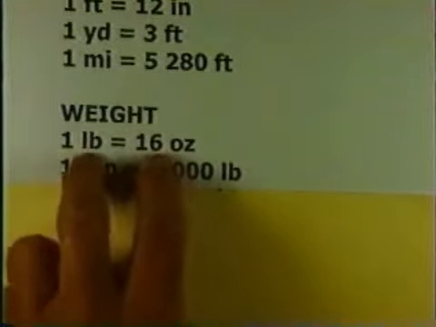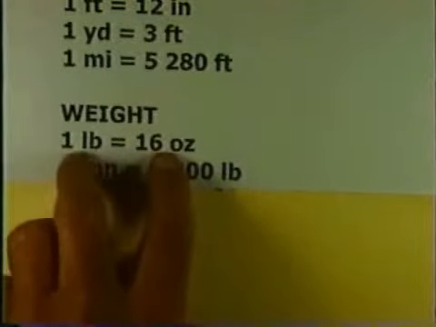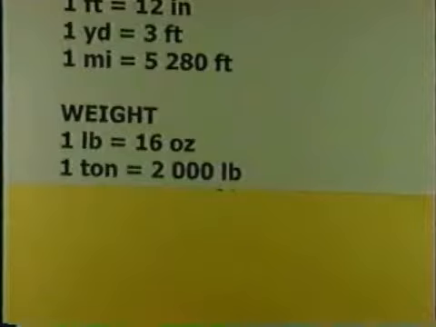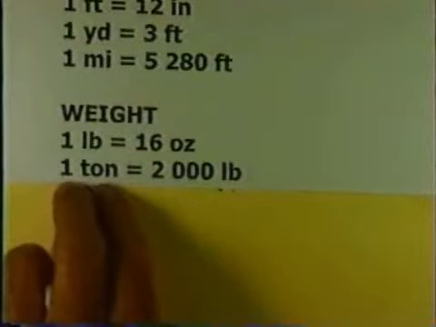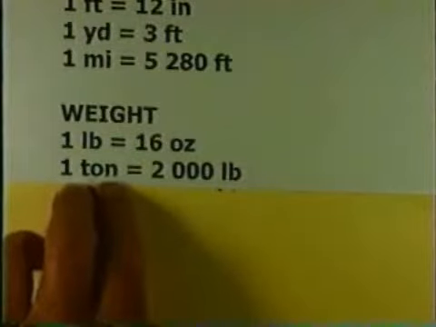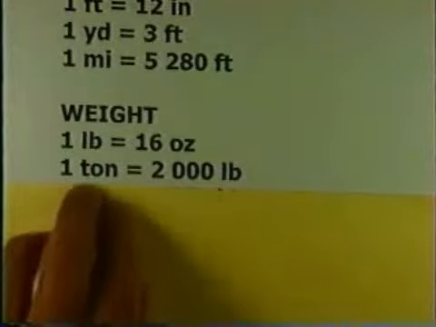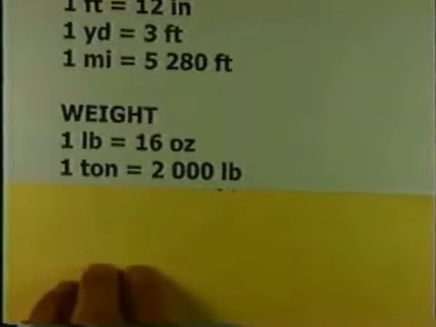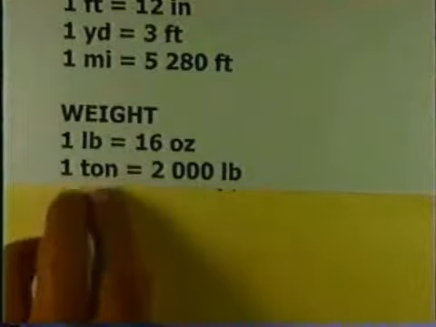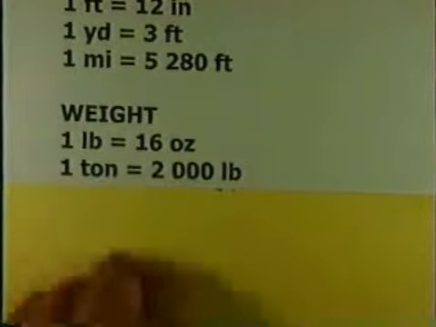So get a feel for what a pound is, what an ounce is. 16 ounces is 1 pound. Now a ton is used to measure large quantities of weight, like fertilizer, sand, gravel, and so forth. And it takes 2,000 pounds to be 1 ton. So if you're talking about carrying a ton or more, you're going to be talking about a pretty good sized truck.